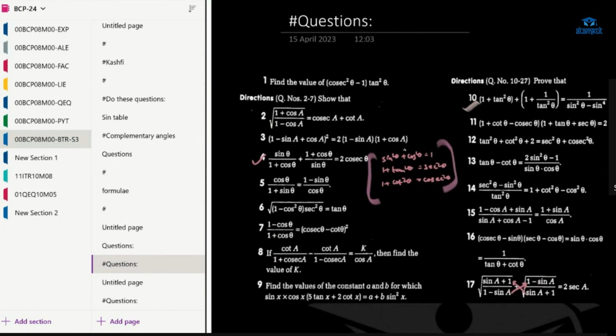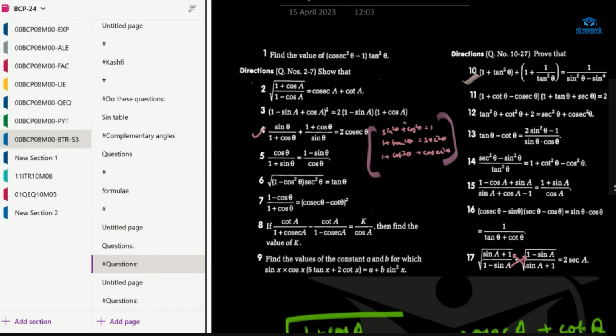Do you enjoy the trigonometry class or not? What do you think? Is it hard or easy or interesting? Ma'am, it's interesting. Kashvi, is trigonometry interesting or not? Ma'am, it is.